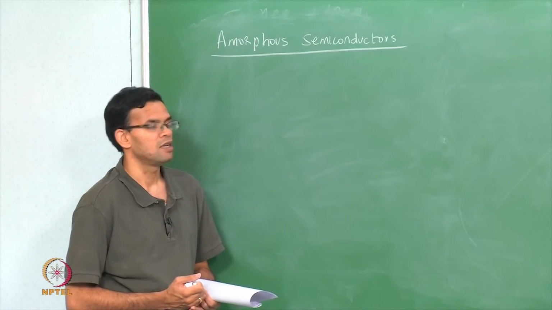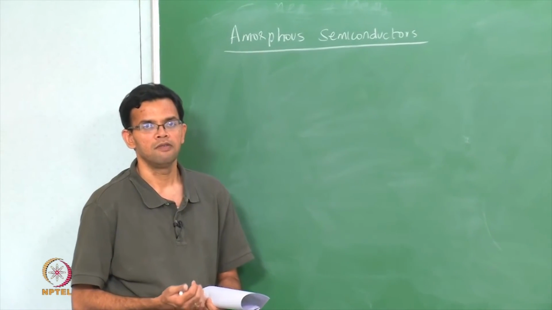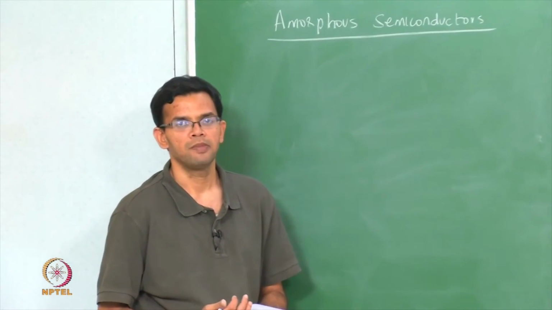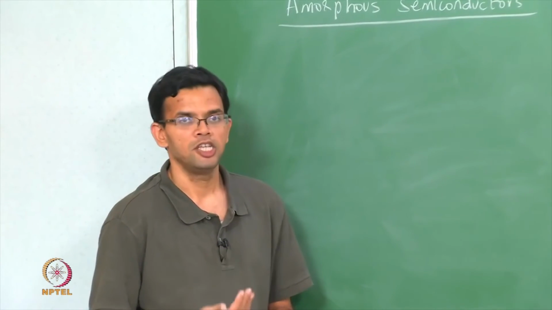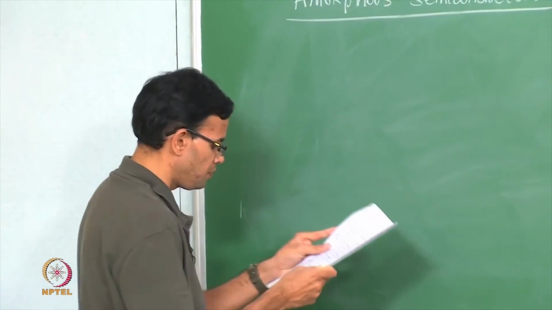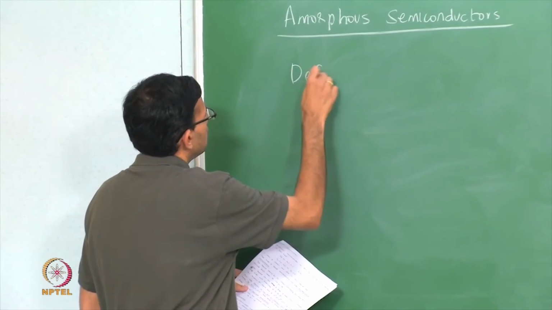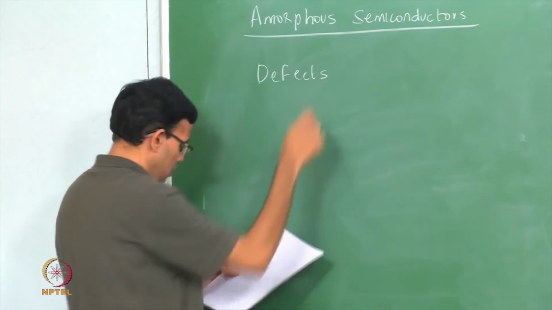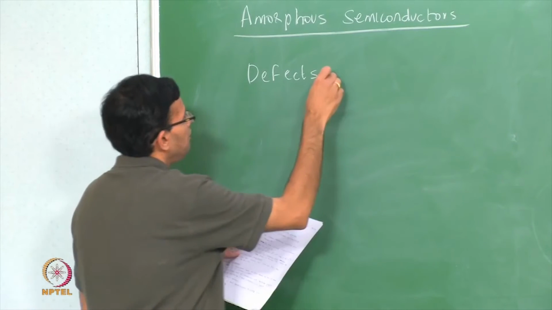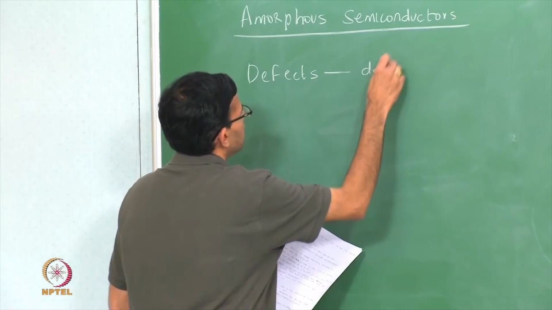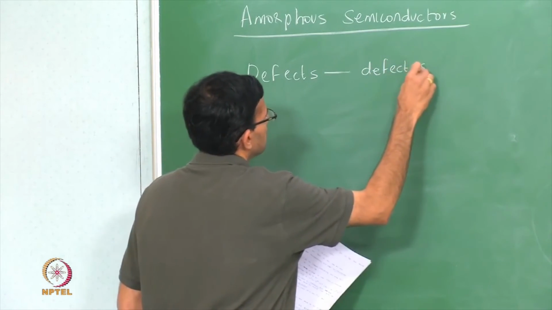This is because defects in a material will introduce states in the band gap and will change the electronic properties. Defects will cause defect states.